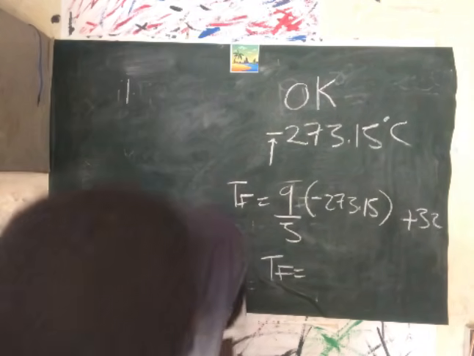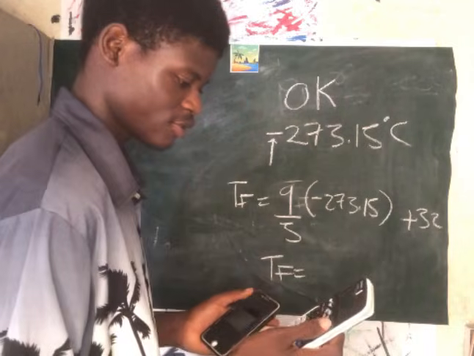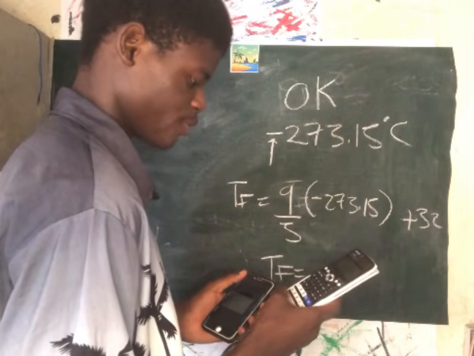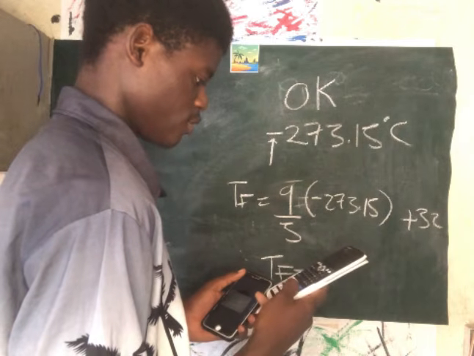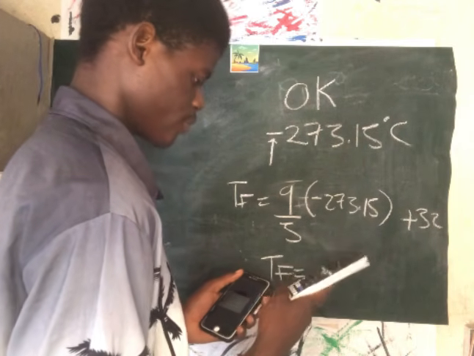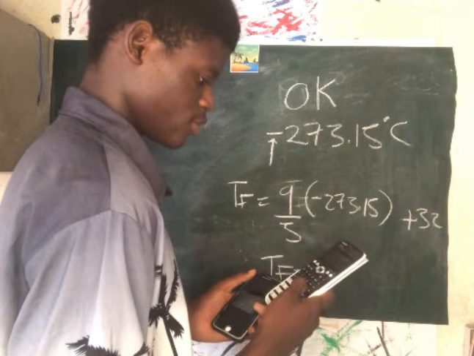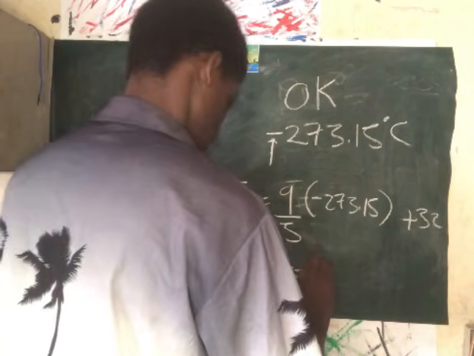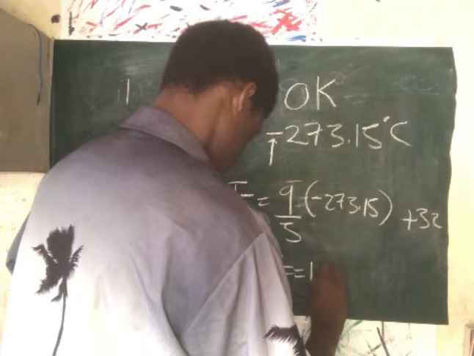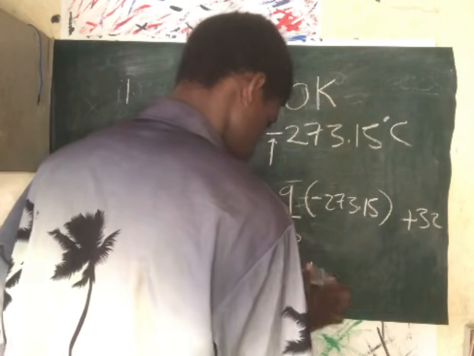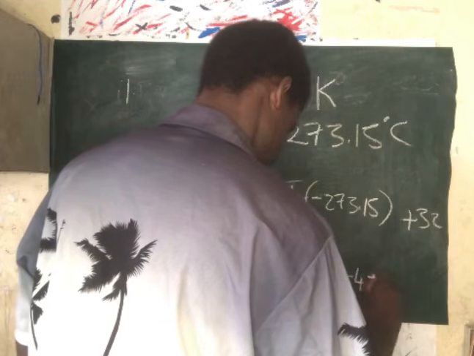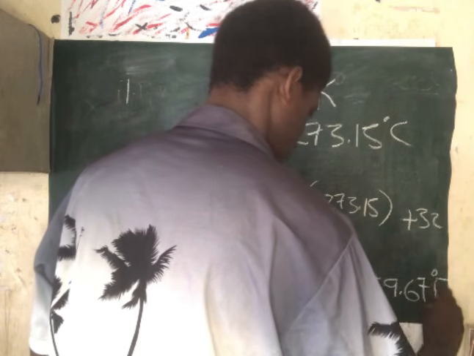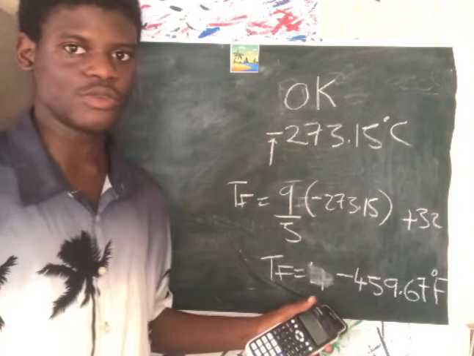In degree Fahrenheit, our absolute zero is 9 times minus 273.15 divided by 5 plus 32, which is minus 459.67 degree Fahrenheit.